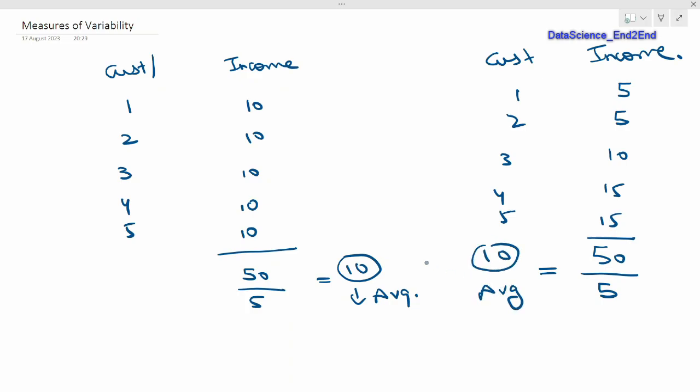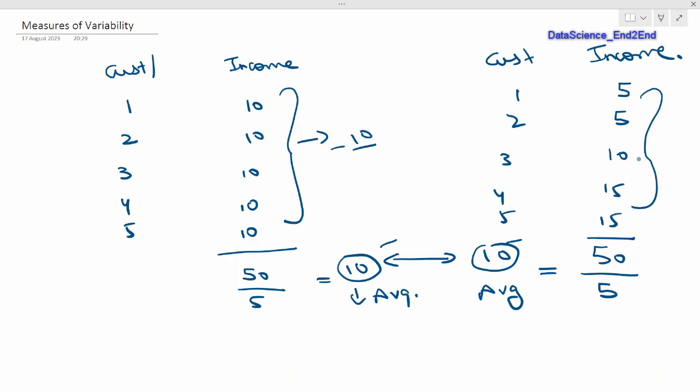So in both cases, we get an average equal to 10. But if you look at the distribution of the data, it's very, very different. In one case, everyone has an equal income of 10, while in another case, there is some variation in the income.